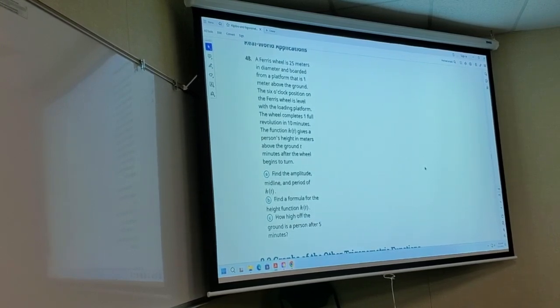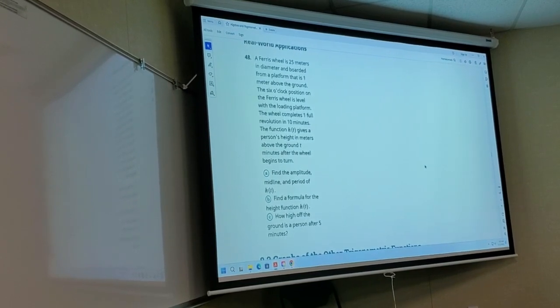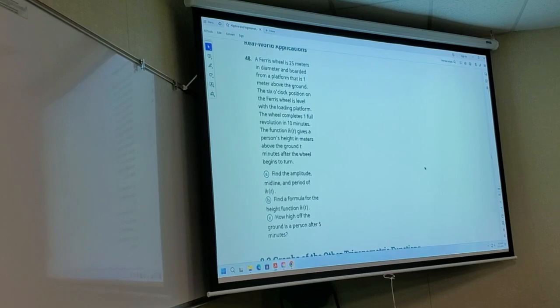What's the diameter? 25. So how far off the ground is this mark? 26 meters. So it goes from 1 to 26. The midline is the number that's in the middle of 1 and 26.